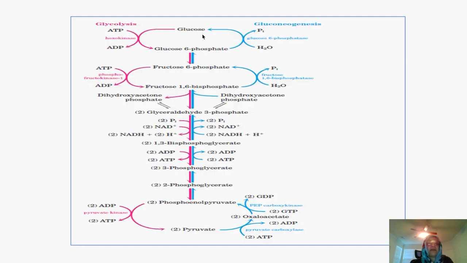The brain prefers to use glucose. RBCs have no other mechanism to use any fuel molecules other than glucose, because RBCs do not have mitochondria. Glycolysis takes place in the cytosol, so our RBCs are able to do glycolysis, but lipid utilization or ketone body utilization requires mitochondria, and our RBCs do not have that.